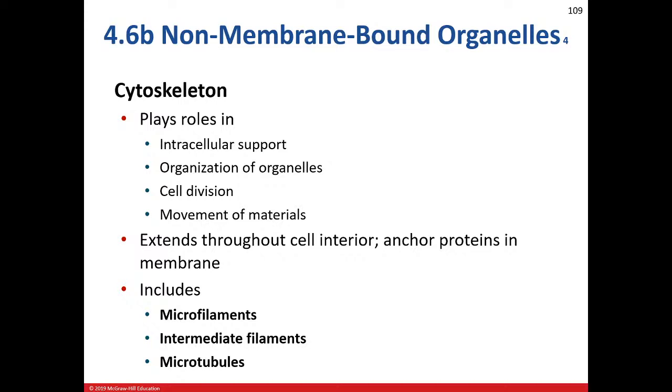Now, those are increasing in size there from smallest to largest. The easiest way to remember that maybe is microfilament is going to be smaller than an intermediate filament. And next up is microtubules, which has the word micro again, but tubules are going to be bigger than filaments, right? When you hear filament, think, kind of thin.